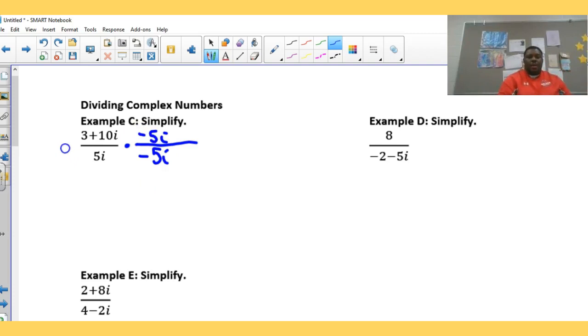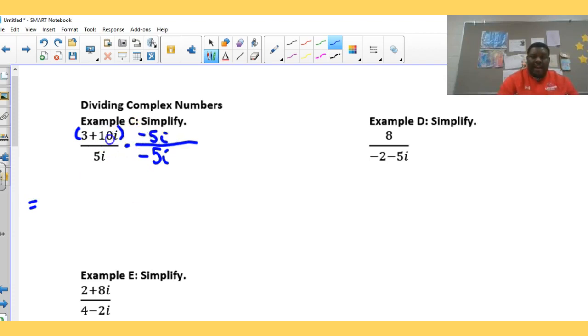Now, the next step, if you flip over, says multiply the numerator and the denominator by the complex conjugate. So I'm going to multiply this by negative 5i and this by negative 5i. When I do that, we're gonna distribute negative 5i right here.